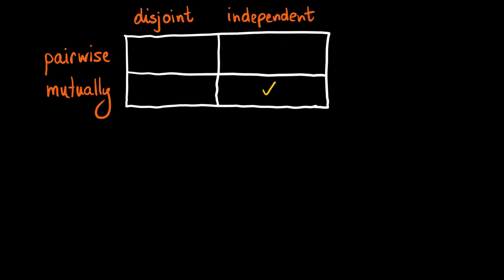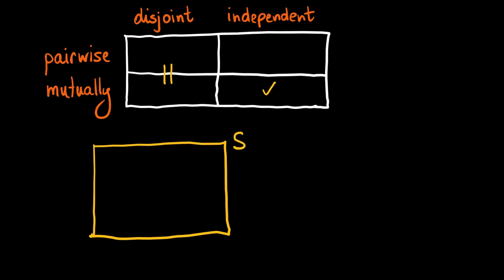But first, let's look at pairwise disjointedness and mutual disjointedness. It's no surprise that the authors have never defined mutual disjointedness, and that is because pairwise disjointedness implies mutual disjointedness. So an example will help clarify that.